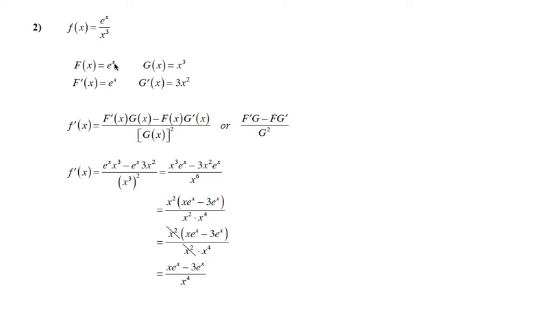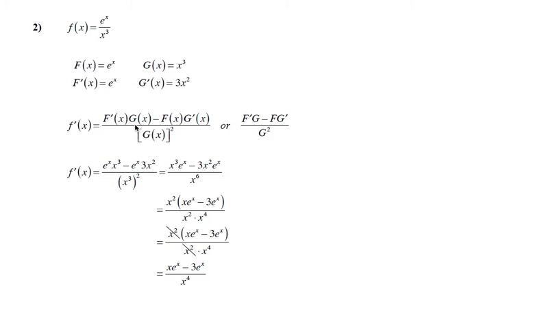Then we differentiate each of those, and so the derivative of e to the x is e to the x, and the derivative of g of x is 3x squared. So f is e to the x, f prime is e to the x, g of x is x cubed, and g prime of x is 3x squared.